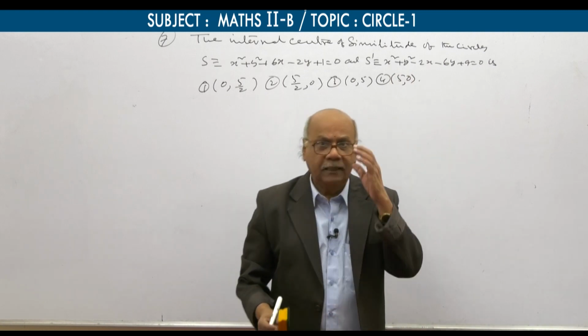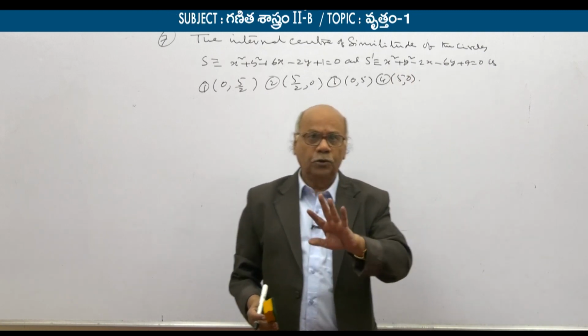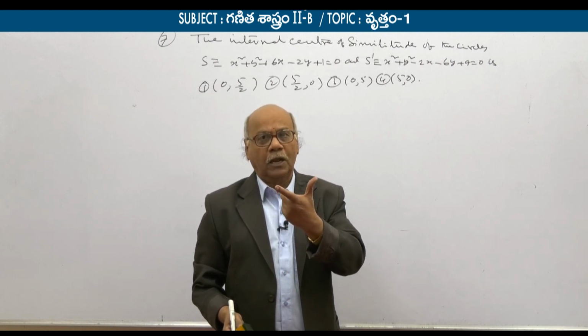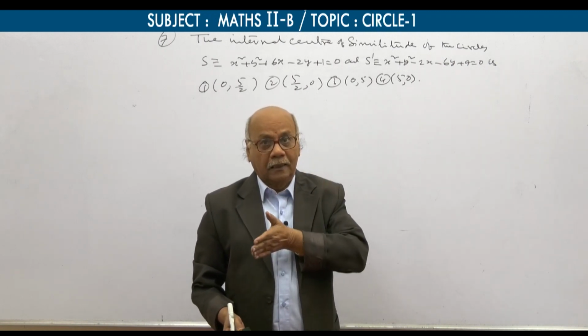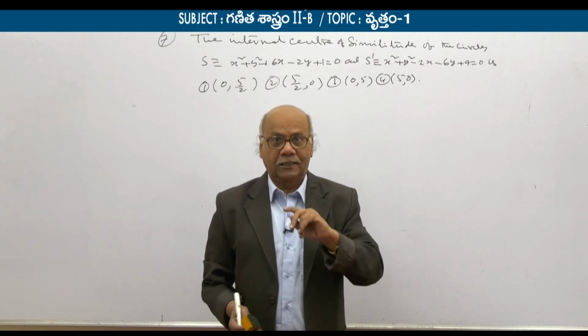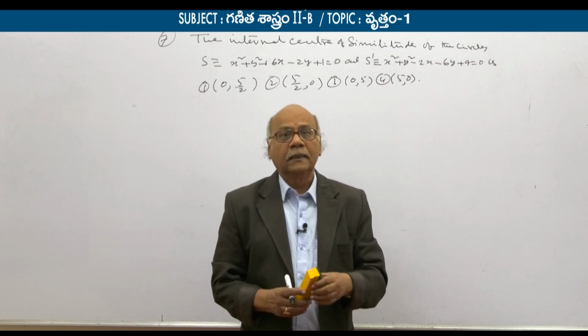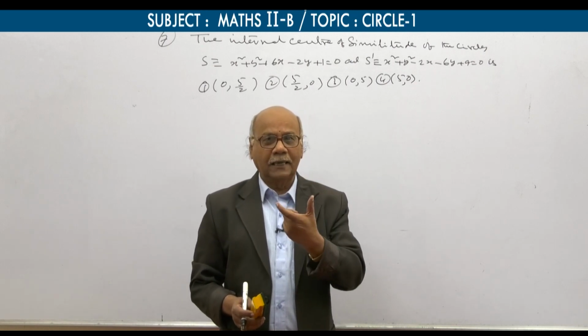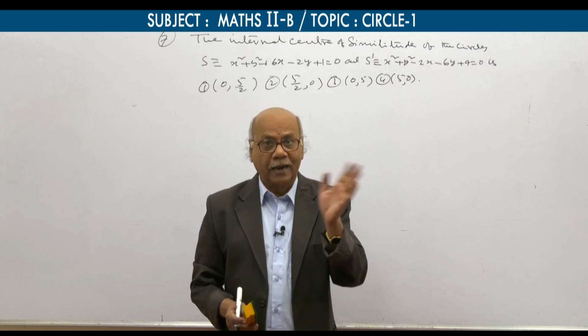And all of you know that the internal center of similitude of two given circles is nothing but the point of intersection of the transverse common tangents, which intersect on the line joining the centers. Okay, and the internal center of similitude divides the line joining the centers in the ratio of their radii.